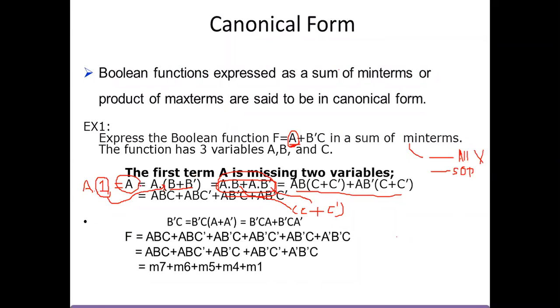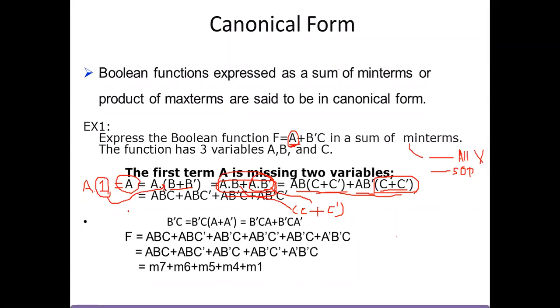So after that, when we expand again, we can see in these two terms, C is missing. Then we can include that C again by including C plus C dash, which again does not change the value. So this term is multiplied by C plus C dash, and the second term, AB dash, is again multiplied by C plus C dash like this.